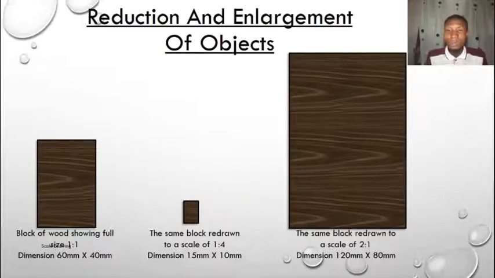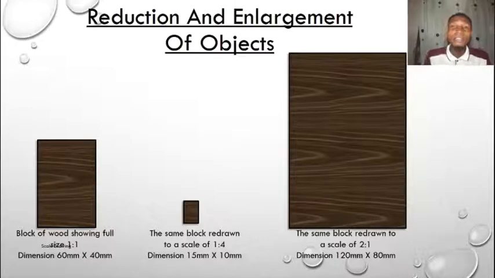So you can see that's how it looks. You can see the three objects, their proportion is exactly the same. The only difference is their size. Their sizes are different, but their proportions are the same. So that's how scale drawing goes. So that's it for the scale drawing.